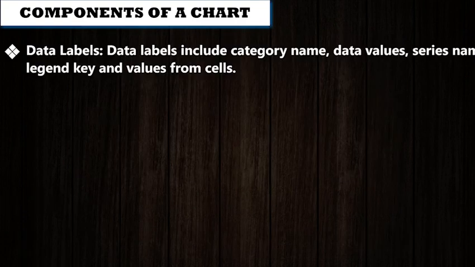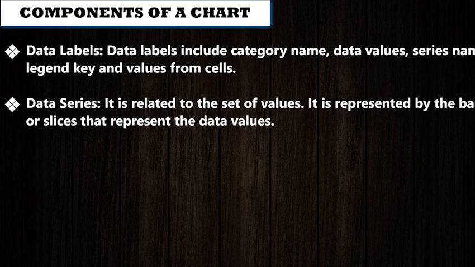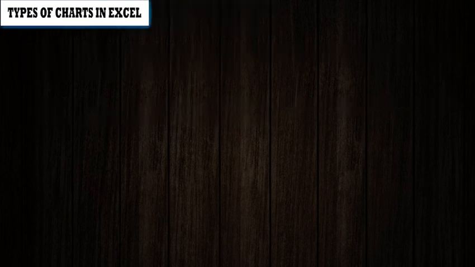Data labels. Data labels include category name, data values, series name, legend key and values from cells. Data series. It is related to the set of values. It is represented by the bars or slices that represent the data values.